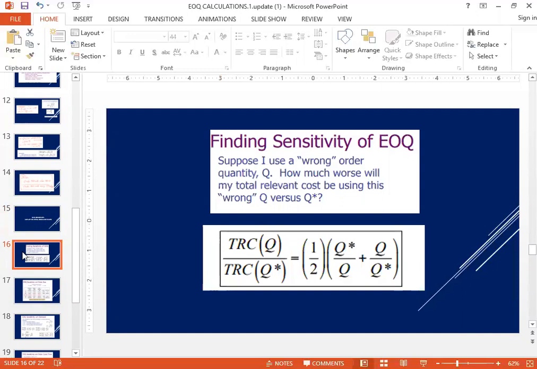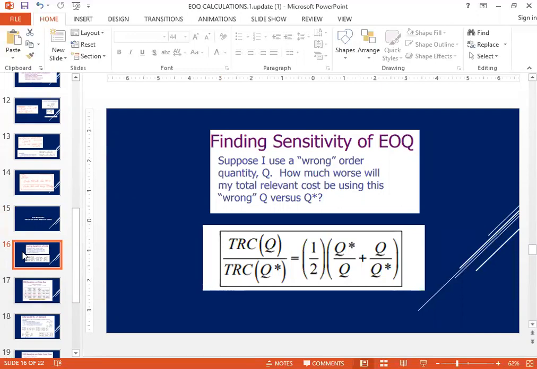So again, if you use the wrong order quantity Q, not Q star, but some other wrong quantity, how much worse will my total relevant costs be by using the wrong Q versus Q star, which is EOQ?